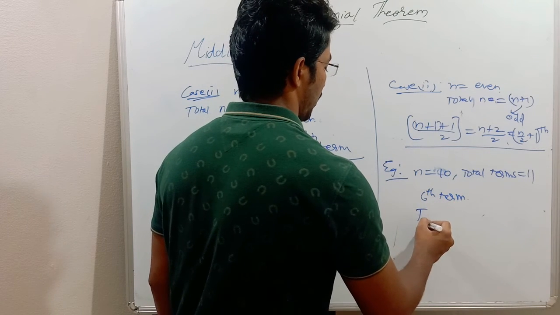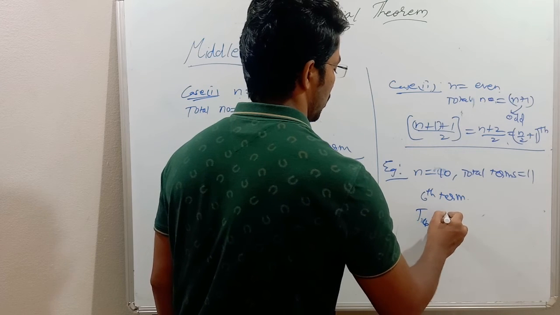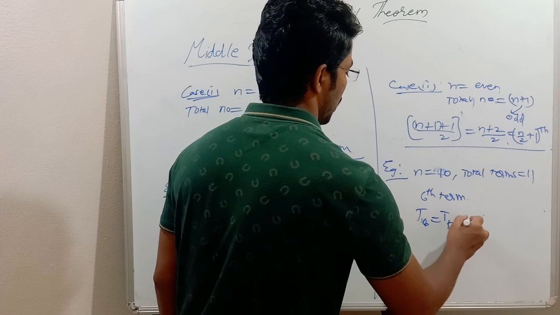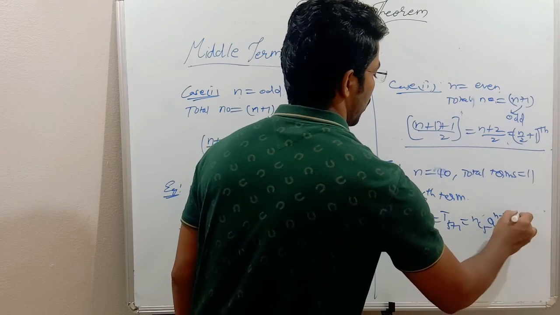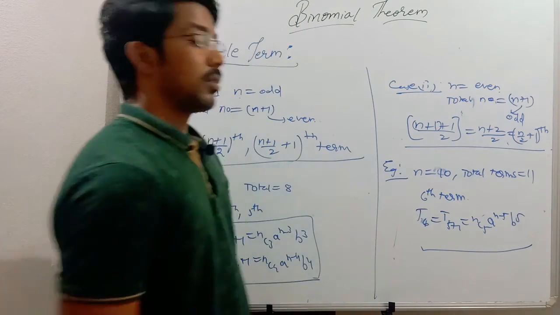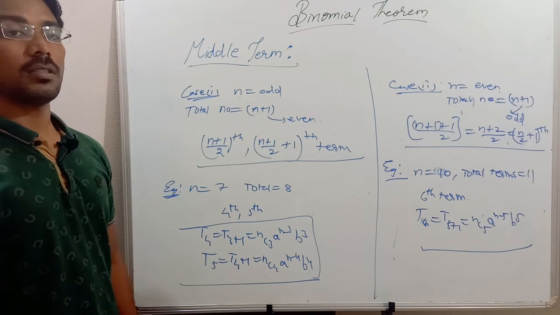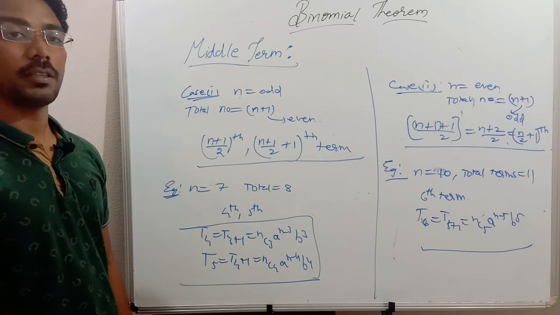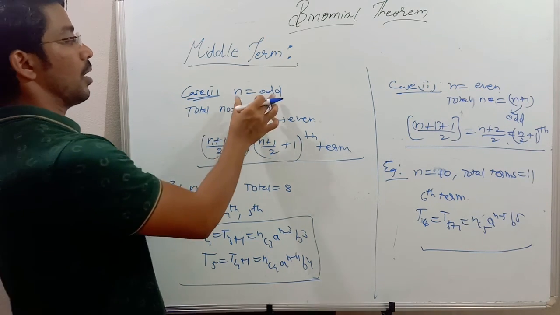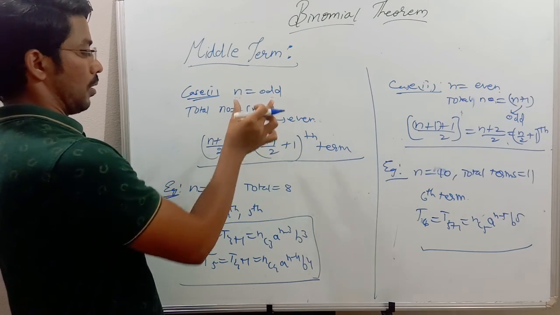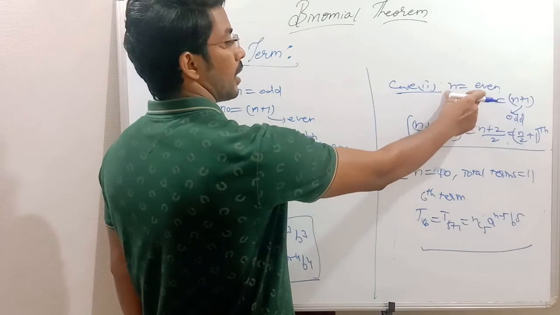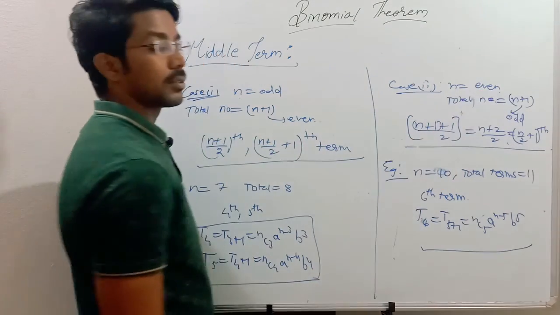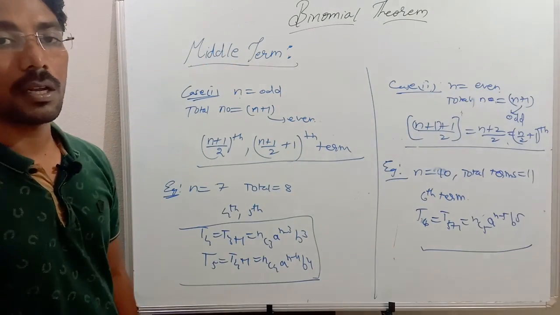So T6 = T(5+1) = nC5 a^(n-5) b^5. This is the way we get two cases in a binomial expansion while finding the middle terms. When n is odd, we get two middle terms. When the index n is even, we get a single middle term in the binomial expansion.